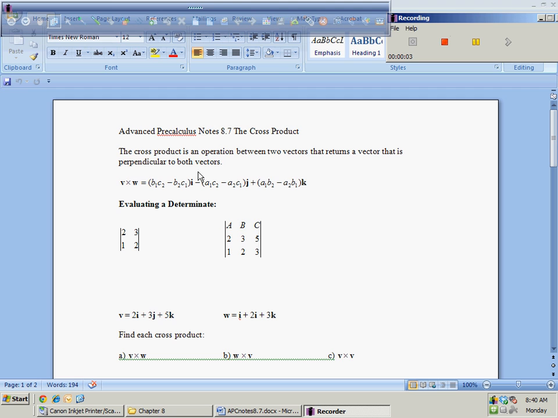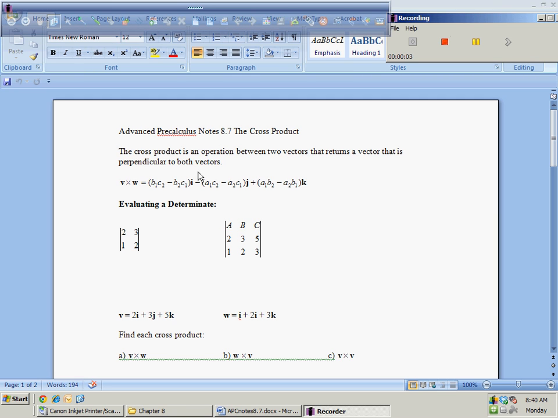That's basically what it does, and it has applications in physics and all kinds of other applications.